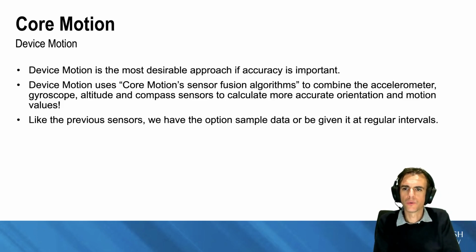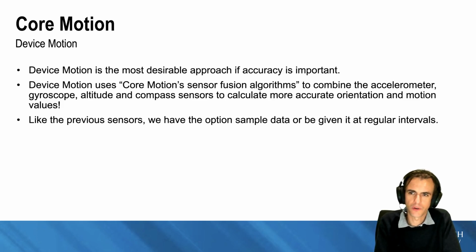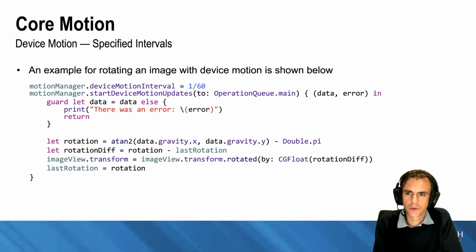And in Apple's own words, this uses what they call Core Motion's sensor fusion algorithms, and it combines accelerometer, gyroscope, altitude, and compass sensors to give the best orientation and motion values. And you use it in pretty much the same way. So what we'd suggest for this is you say start device motion updates, and then you can read the particular values out of the data object.